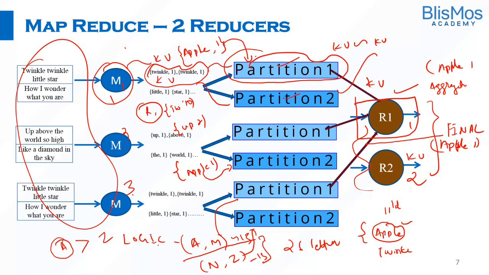In this case, ideal logic would be maybe instead of A to M, we go only from A to H to partition 1 and from I to Z to partition 2. I'm just taking an example, because maybe the number of words from A to H may be almost equivalent to the number from I to Z. So you should be really careful while defining the partition logic.